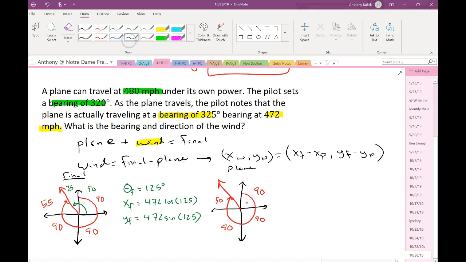And again, we're not so interested in the bearing or in that standard position angle, which is 90, and then the complement of 50 is 40. So our theta plane is going to be 130 degrees. So our x-plane is going to be 480 cosine 130. Our y-plane will be 480 sine 130.